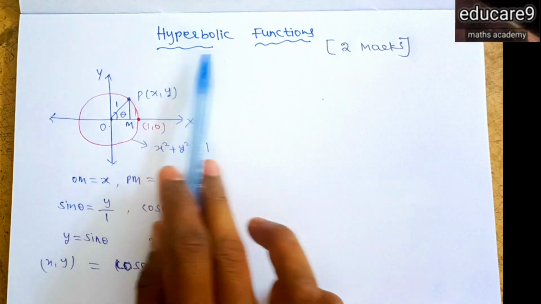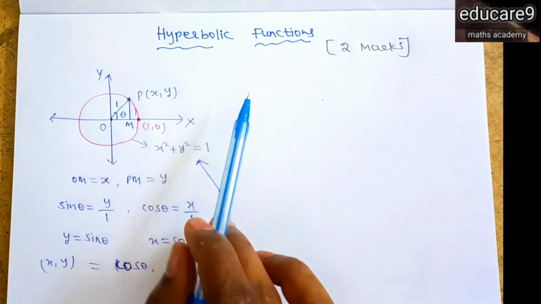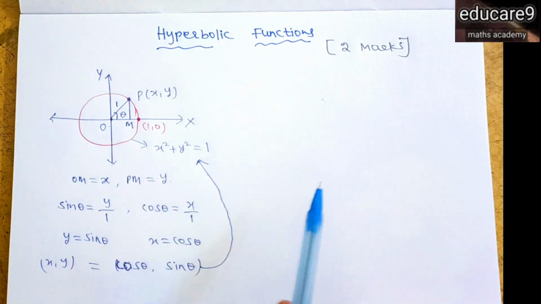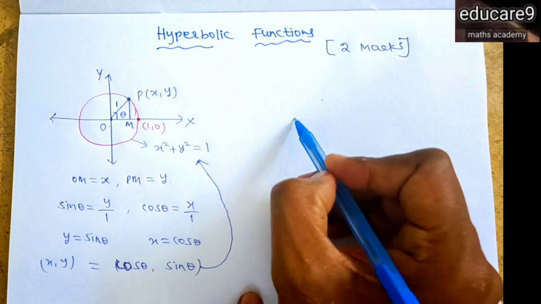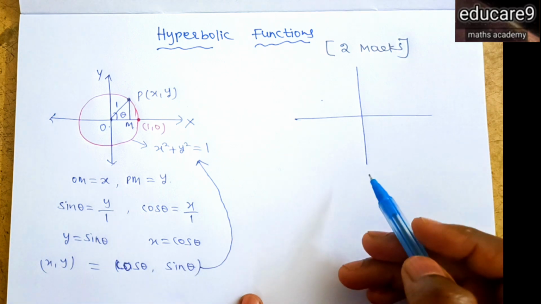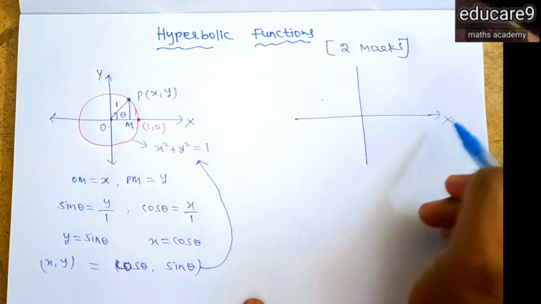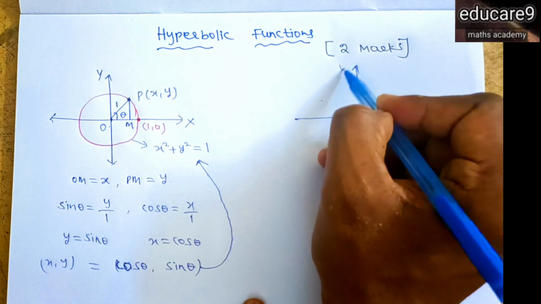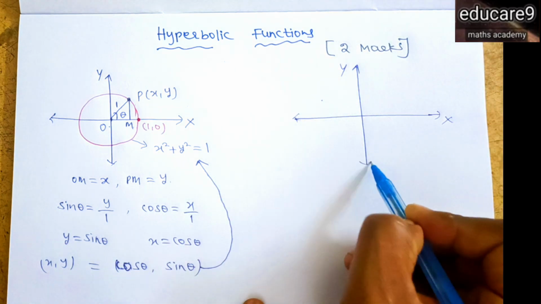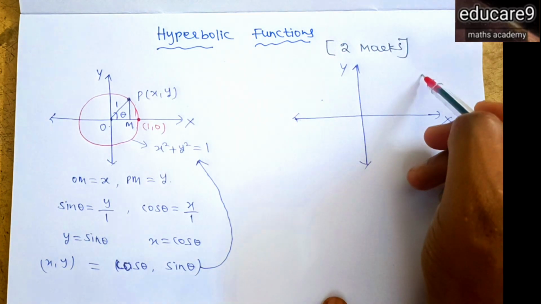But for hyperbolic functions we have to use a hyperbola. So again we consider the coordinate axis. This is the x-axis and this is the y-axis. Here we can consider any hyperbola.